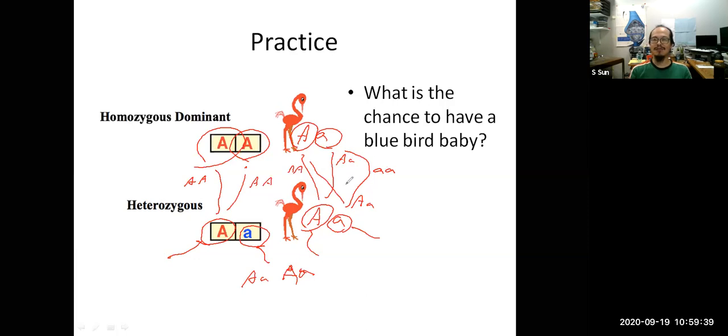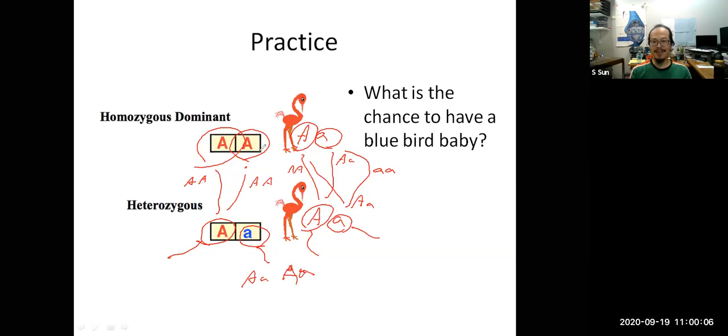So it really depends on the genotype. For a dominant phenotype to have a recessive offspring, it's possible if the parents are both heterozygous.